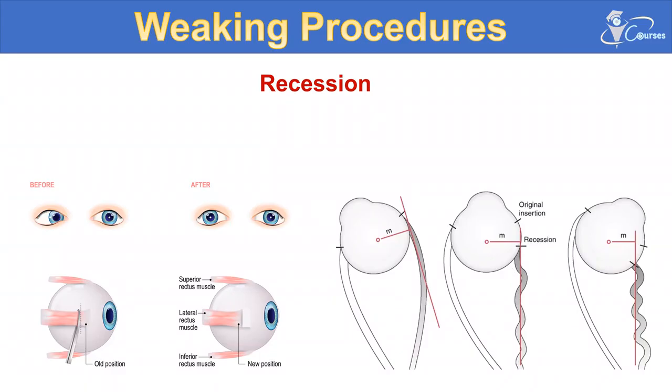However, on some occasions, this recession can be problematic, especially when we are doing it in the superior rectus or inferior rectus. This will result in diplopia, because this recession will affect the muscle in all directions of gaze. Assume that we have a patient with a fractured orbital floor, and we do a superior rectus recession.